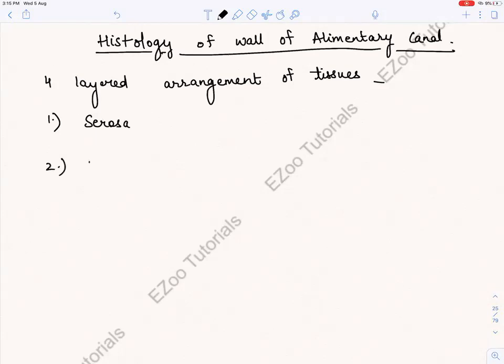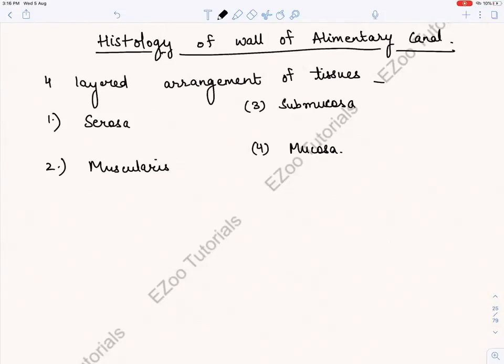Serosa, muscularis, submucosa, and mucosa. These are the four basic layers of the alimentary canal. Sometimes these walls have a different part, but this is the general structure that we are going to study.